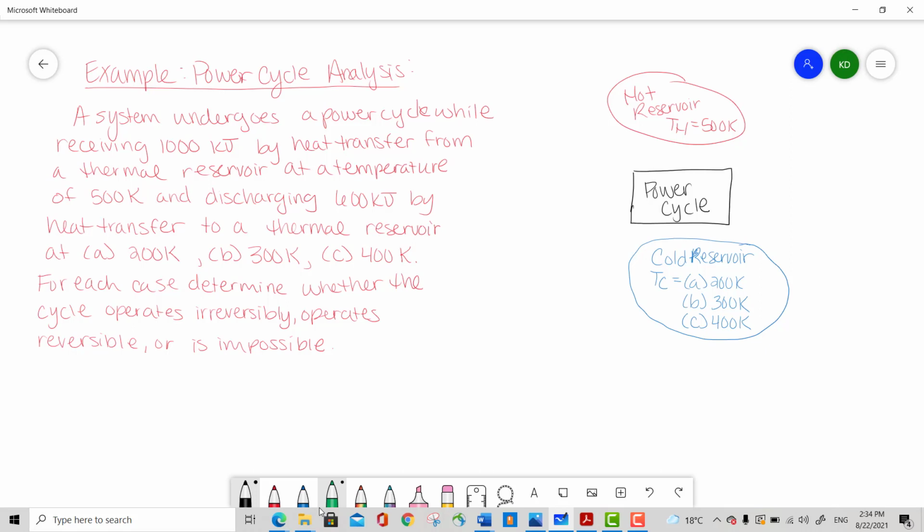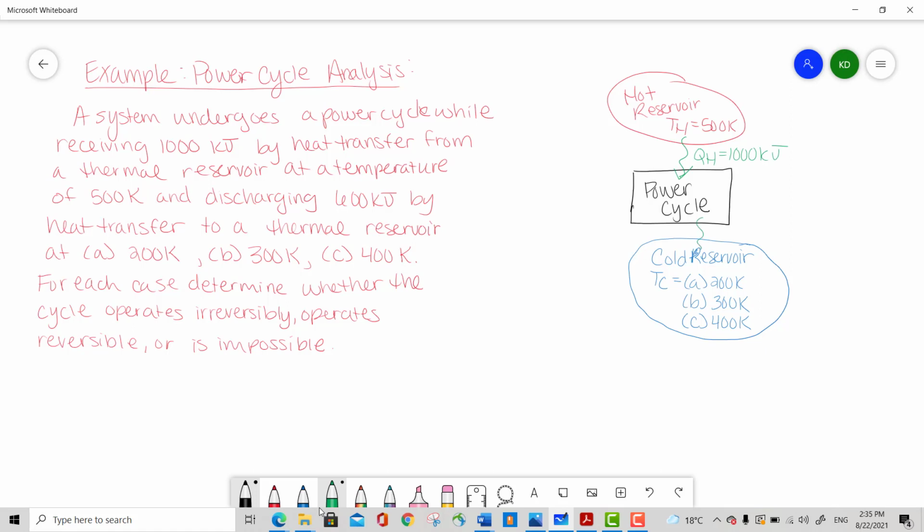So I went ahead and drew out the hot reservoir with a temperature of 500 Kelvin. We know that it's going through a power cycle. And then we have a cold reservoir with a cold temperature of each case respectively, A 200, B 300, and C 400 Kelvin. And then what we know is that we have a heat transfer hot, which is going to be 1,000 kilojoules.